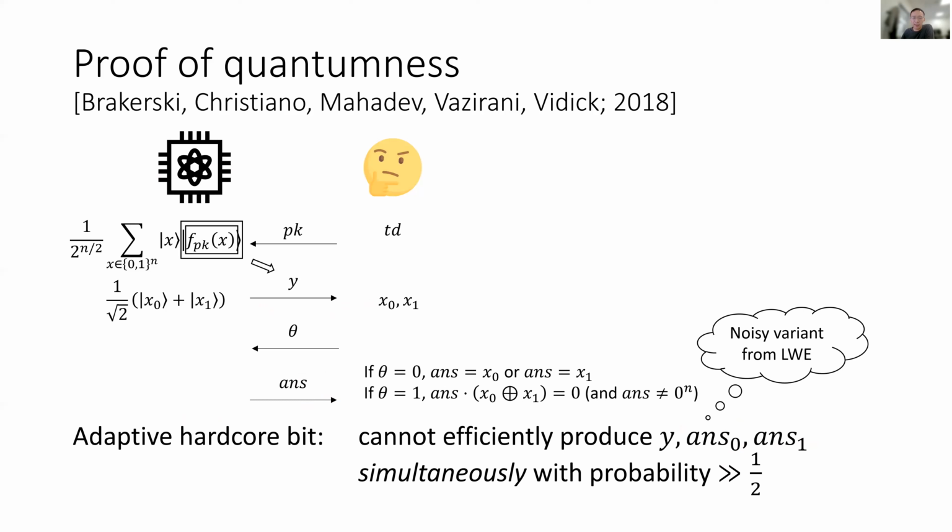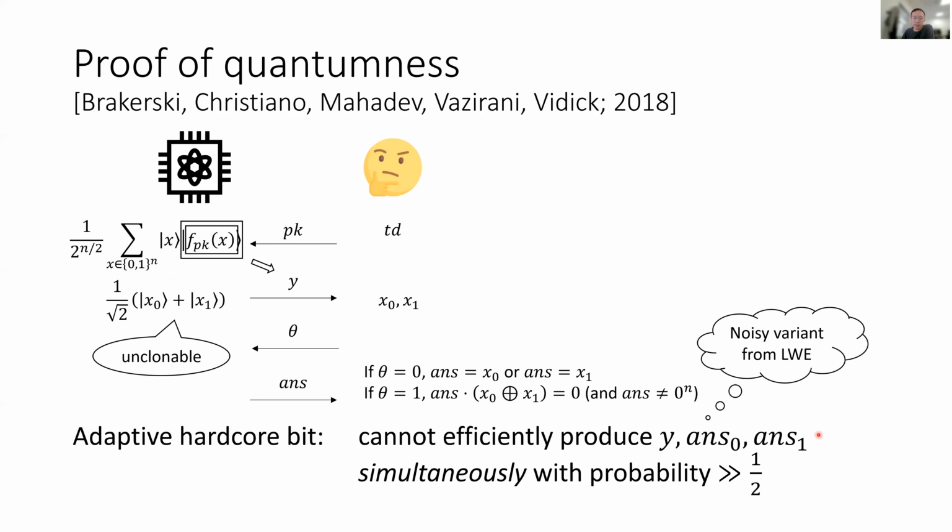However, this is actually saying something much stronger, which is that this post-measurement state is actually unclonable by the adaptive hardcore bit property. The argument is very similar to before. In particular, if you assume you can clone up to some approximation, then you can have 2 copies and measure 1 copy in the standard basis and the other copy in the Hadamard basis.